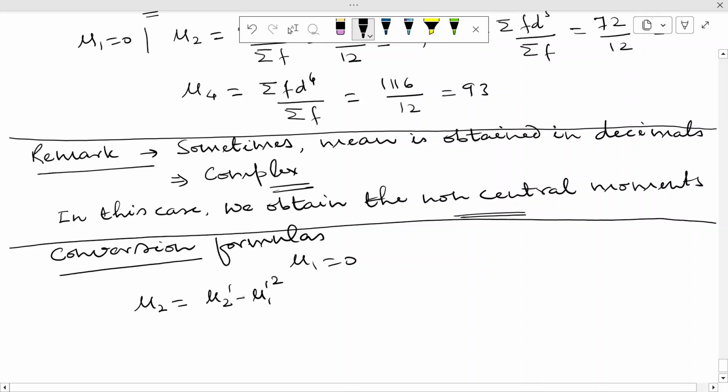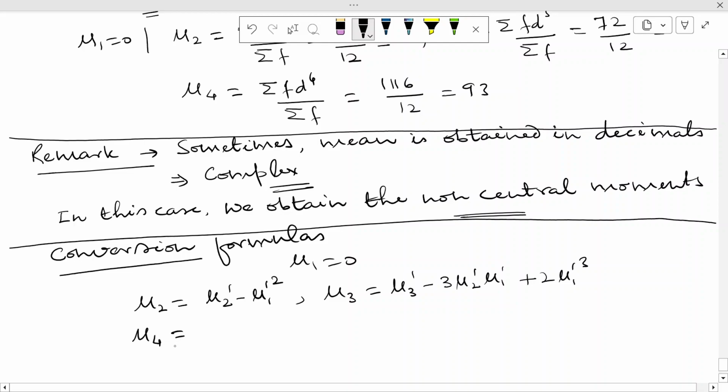It is simply defined as mu2 dash minus mu1 dash square. Similarly, mu3 can be obtained as mu3 dash minus 3 mu2 dash mu1 dash plus 2 mu1 dash cube.